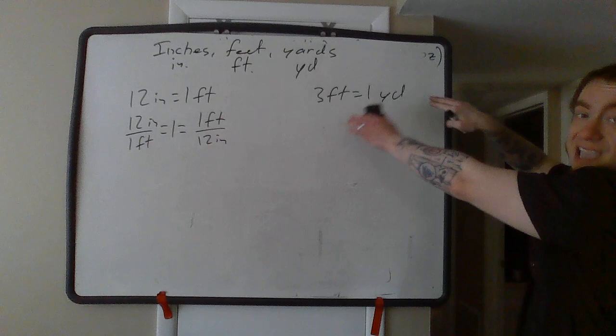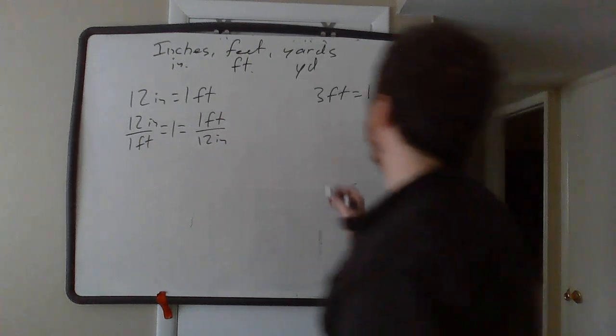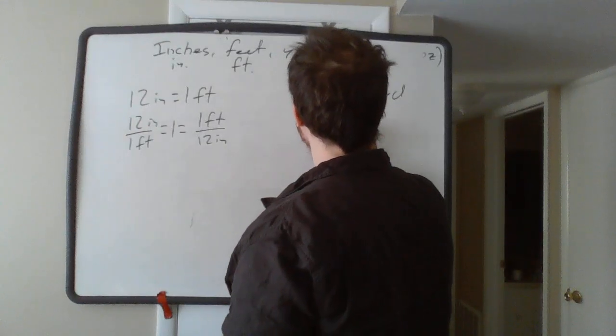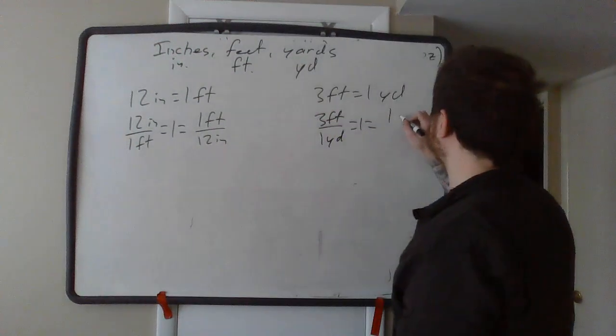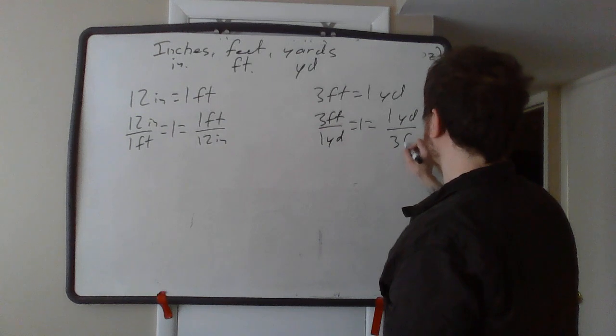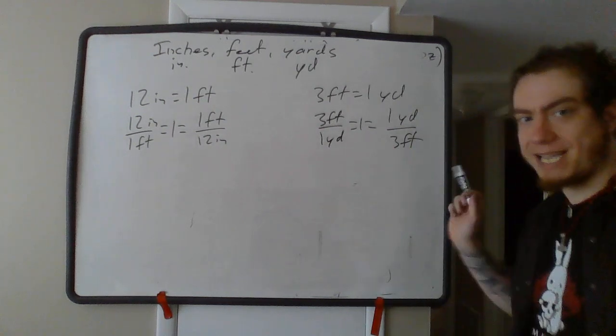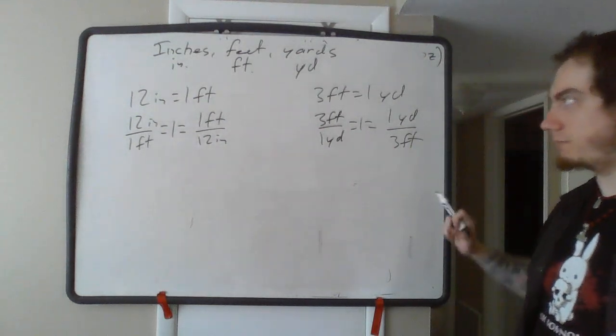From the feet and yards equation that I have, I get 3 feet per 1 yard equals 1, and that's also equal to 1 yard per 3 feet. So again, I've got these conversion ratios here.